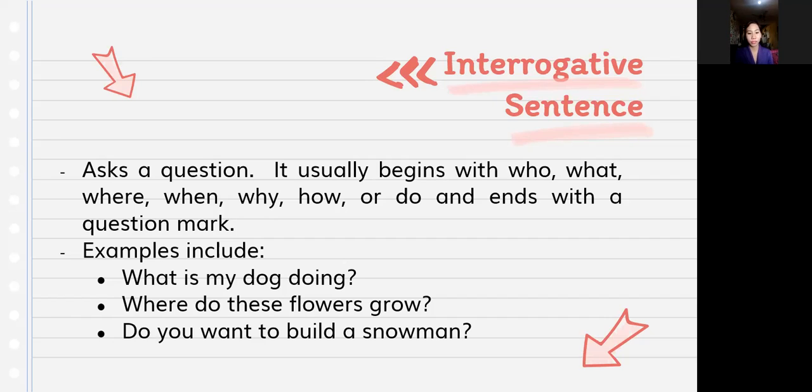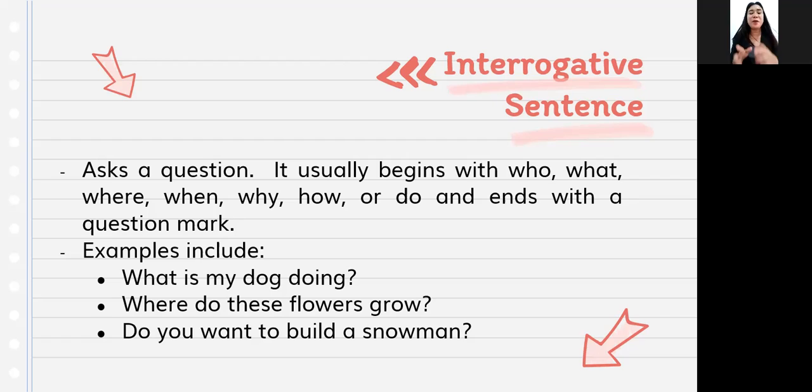And the third one, Miss Anna, please read the example. Do you want to build a snowman? Yes, Miss Anna, thank you so much.